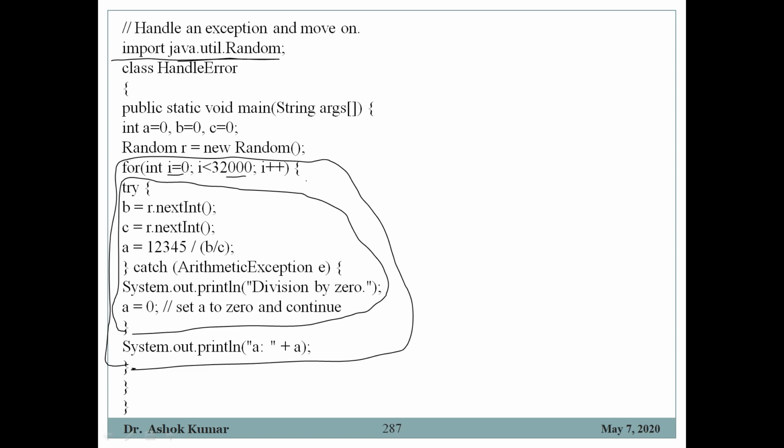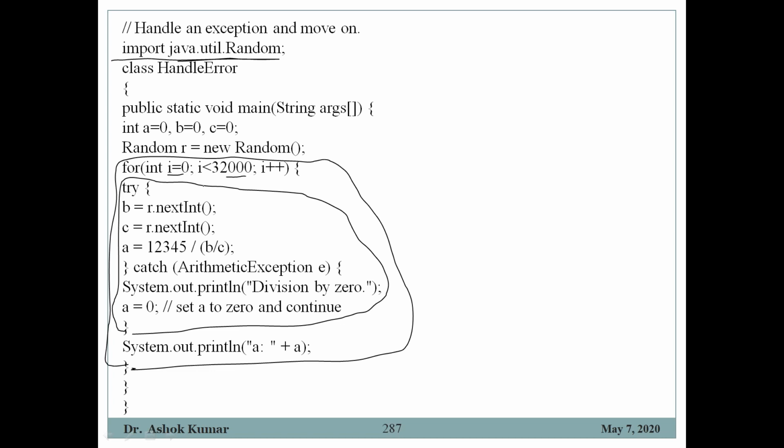I'm going to discuss some steps of this example with you. Initially the value of i will be 0, so 0 less than 32,000 will evaluate to true, and when this evaluates to true, the body of the for loop will be executed.